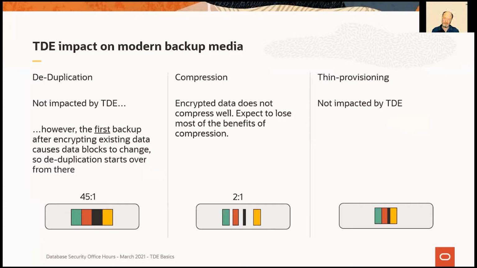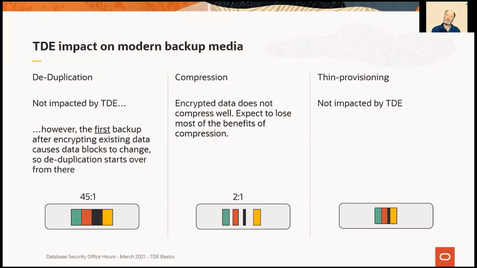Deduplication isn't impacted. A data block is still a data block. It doesn't matter that this data block is unencrypted and this data block is encrypted. If I write that data block multiple times, then as long as the storage media understands Oracle block sizes, most of them do, then you'll still be able to take full advantage of deduplication.